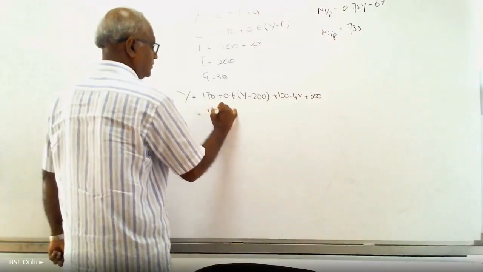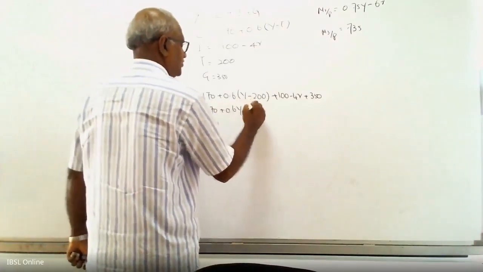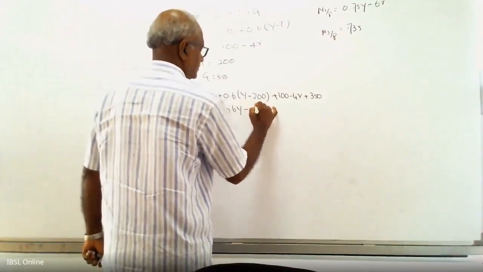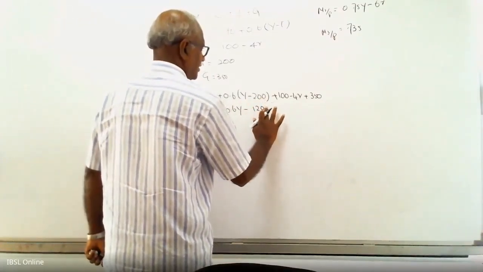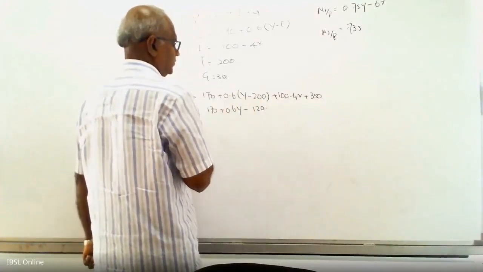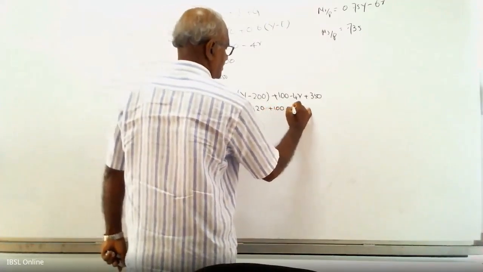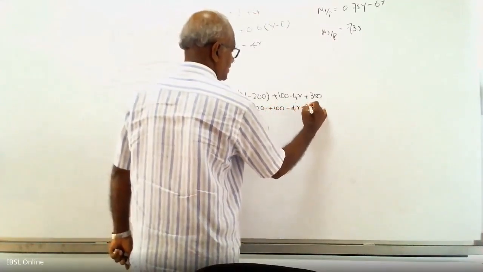170 plus 0.6Y minus 200 into 0.6, which is 120. Plus 100 minus 4R plus 350.